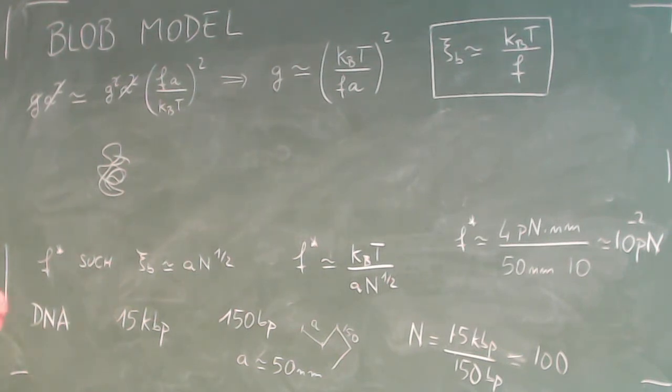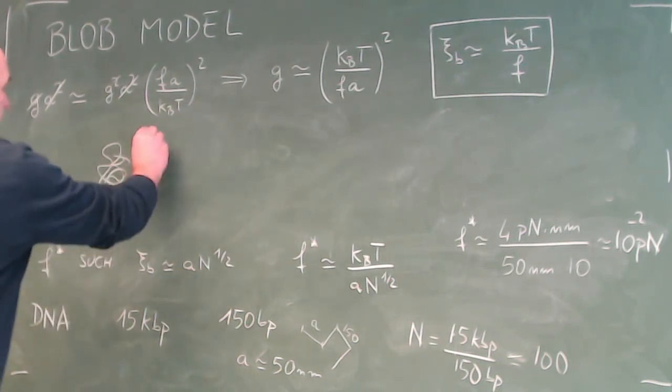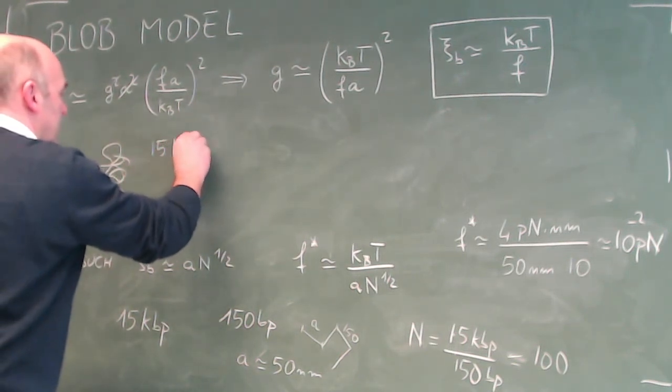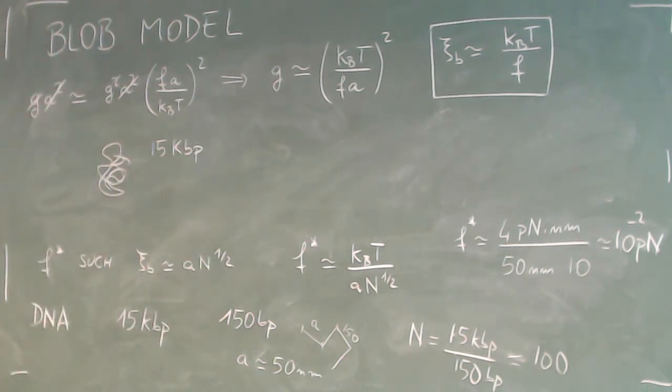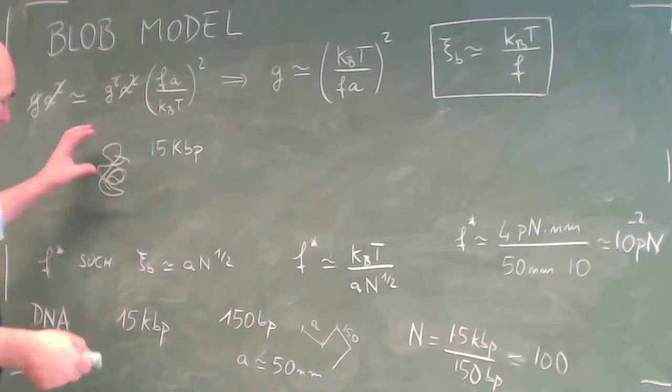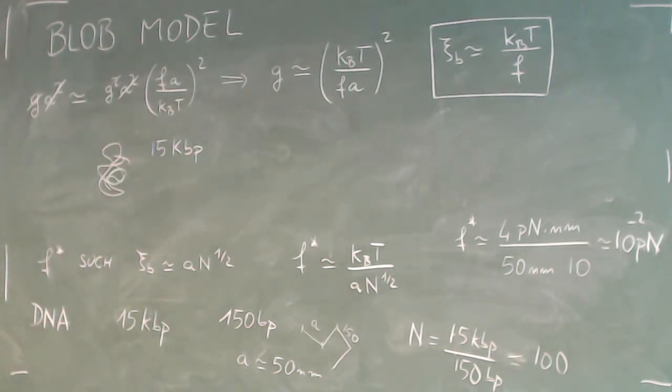And if I apply a force up to 10 to the minus 2 piconewton, this is actually not significantly stretched. So I will still see roughly the same spherical blob structure that I observe at zero force. It's only when the force is much larger than 10 to the minus 2 that my DNA of these 15 kilobase pairs will significantly be stretched.